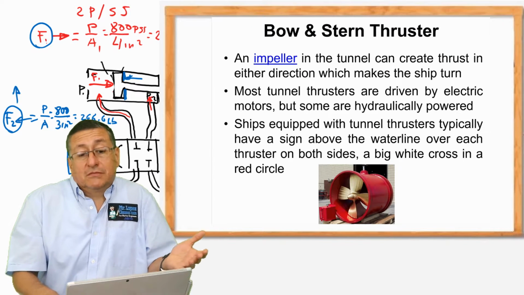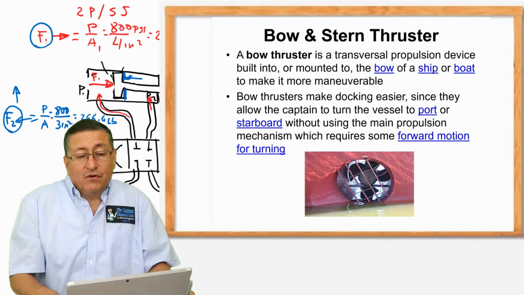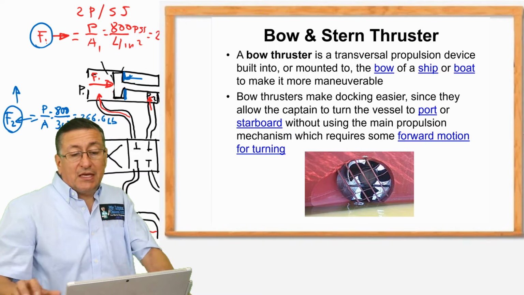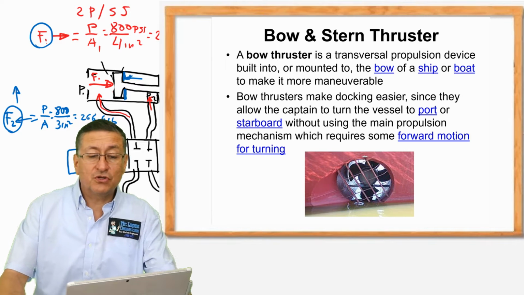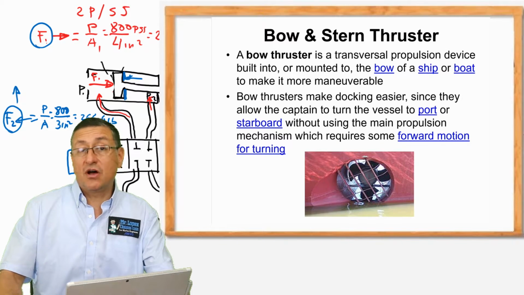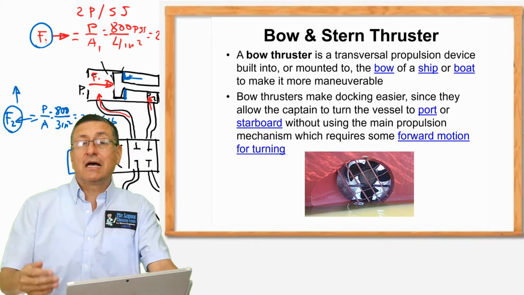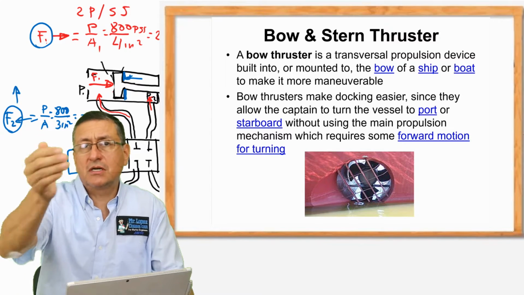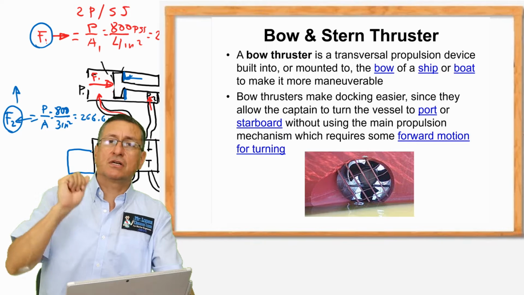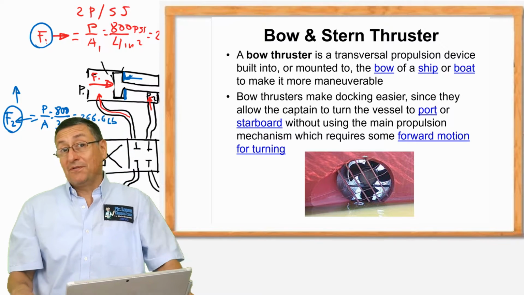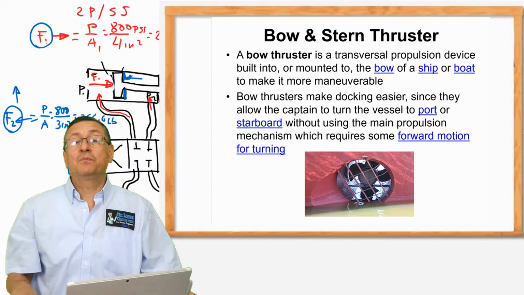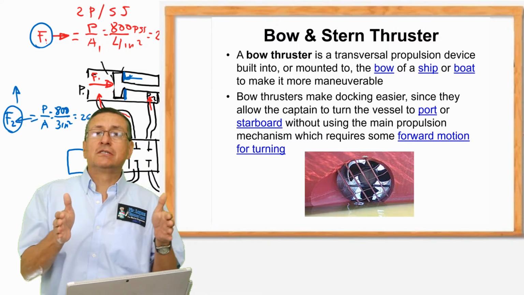What is the meaning of the bow thruster? The bow thruster is a transversal propulsion device mounted on the bow of the boat or at the stern of the boat. For that reason, it's called bow thruster in front, and stern thruster in the back. This is wonderful because it's an element that produces lateral thrust.